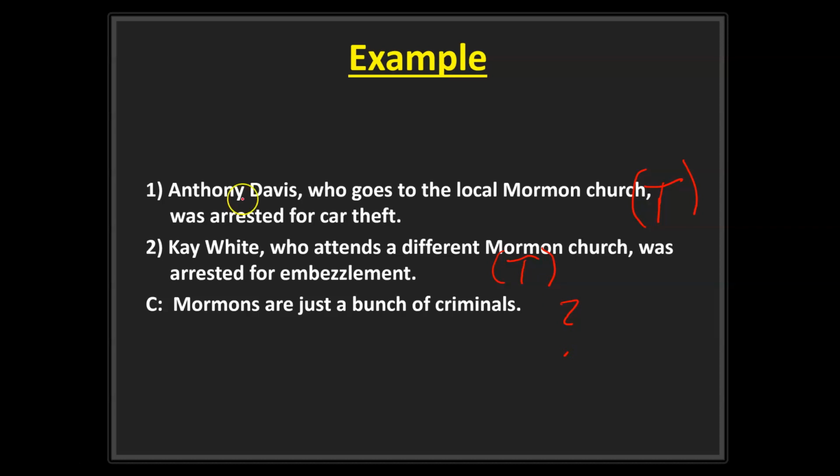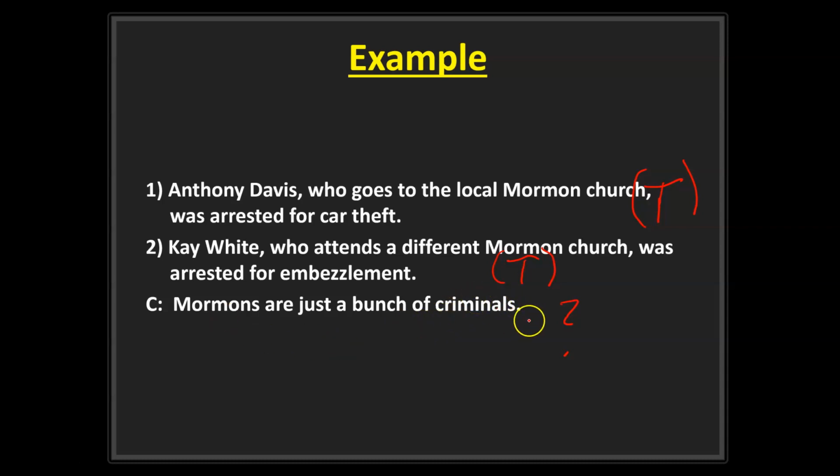So for a second, you just pretend that there's some dude named Anthony Davis who goes to the local Mormon church, got arrested for car theft. Assume there's some woman named Kay White, goes to a different Mormon church, was arrested for embezzlement. If those two are true, is it a likelihood? Is it fair to draw the conclusion that Mormons are just a bunch of criminals?